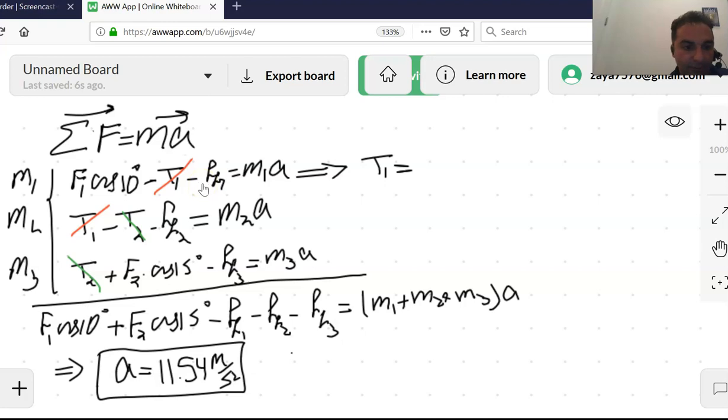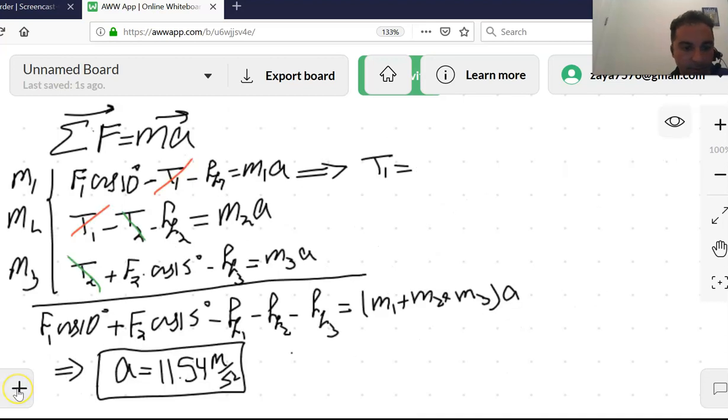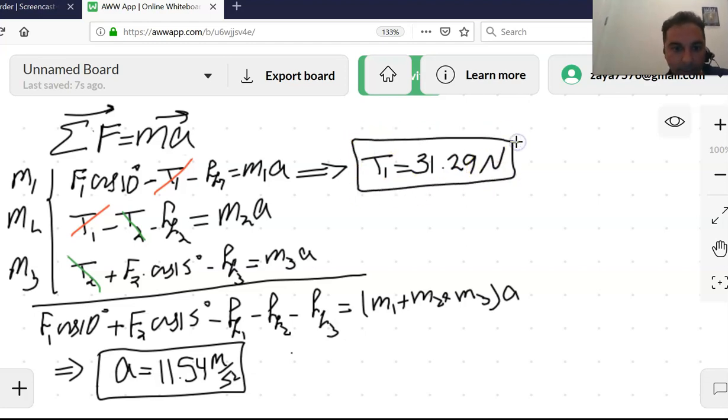Minus friction force 1, how much was friction force 1? 9.49, minus 5 times 11.54. There you go. I got 31.29 newtons.